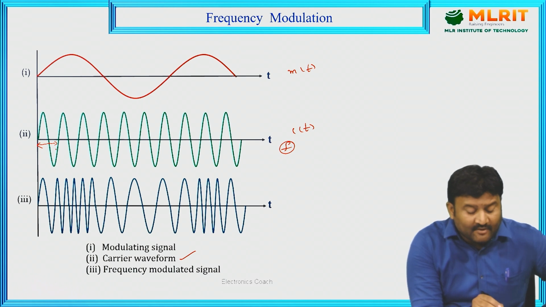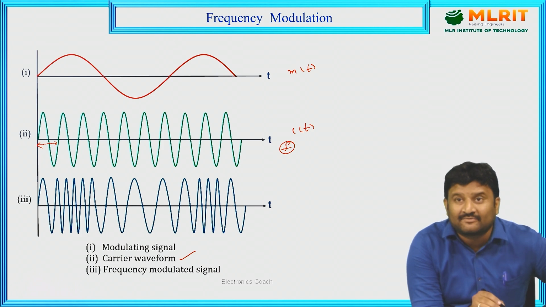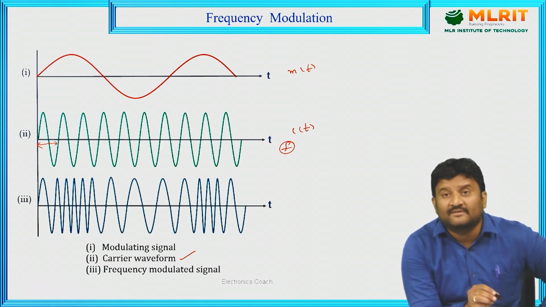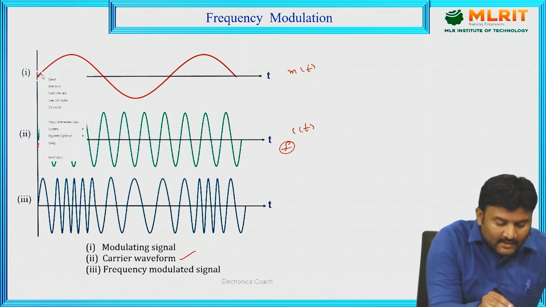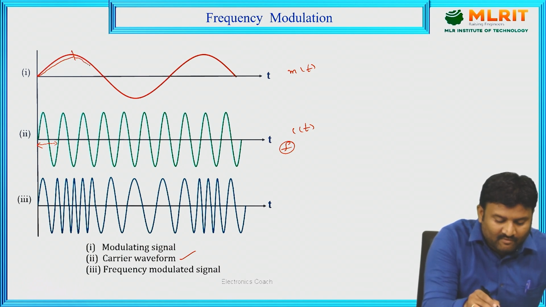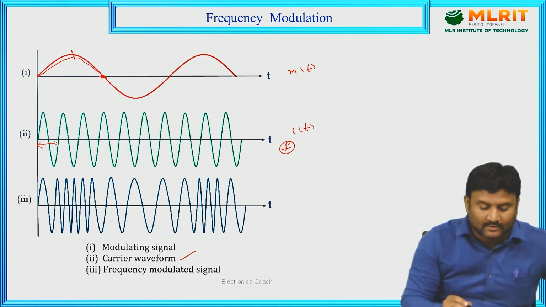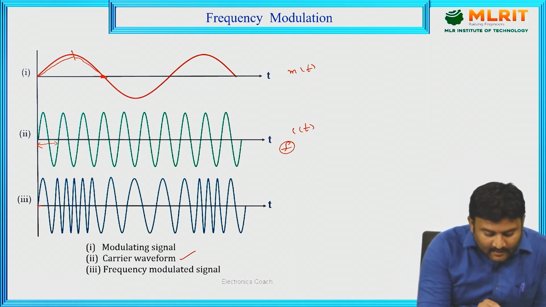That means the frequency of the carrier signal is varied according to the instantaneous values of the message signal. Observe here, it starts at 0 and increases, reaches a high peak, then falls down and again reaches 0. At the start there is a low frequency.